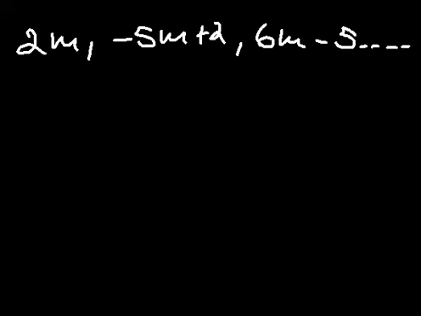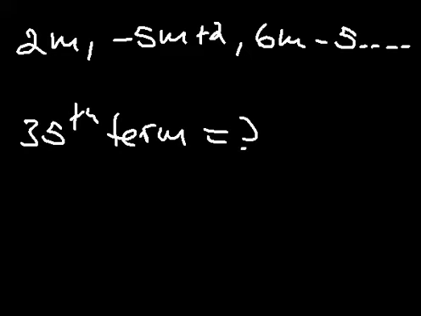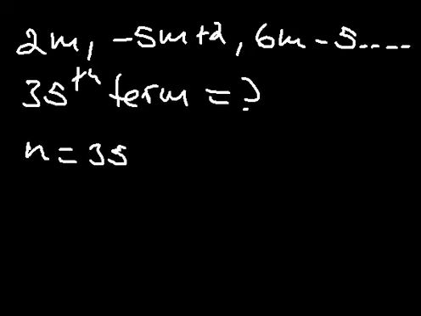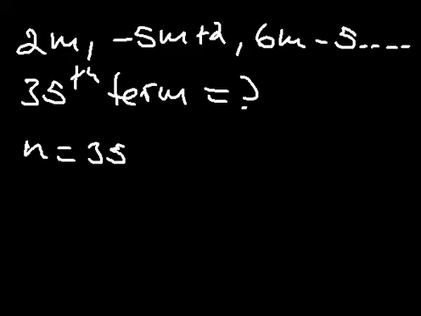So if this is the case, what is the 35th term for this particular progression? According to the given information, the number of terms is given as 35. But now we have to find the value of m first before we get to the 35th term.